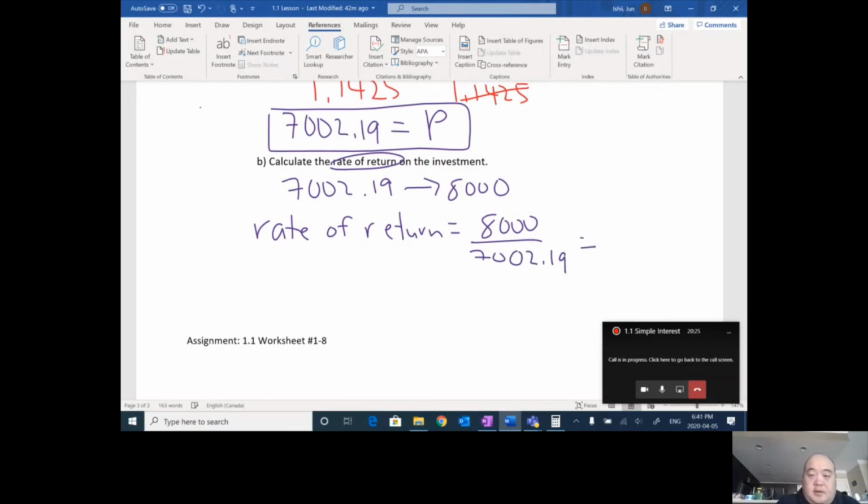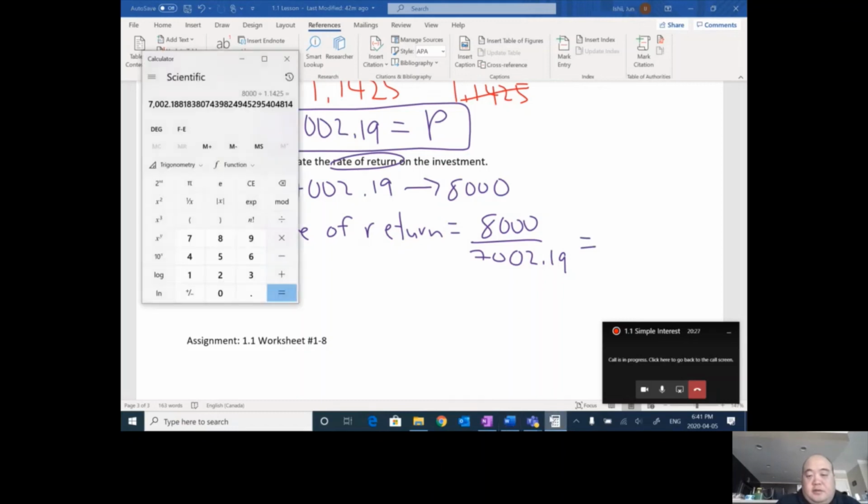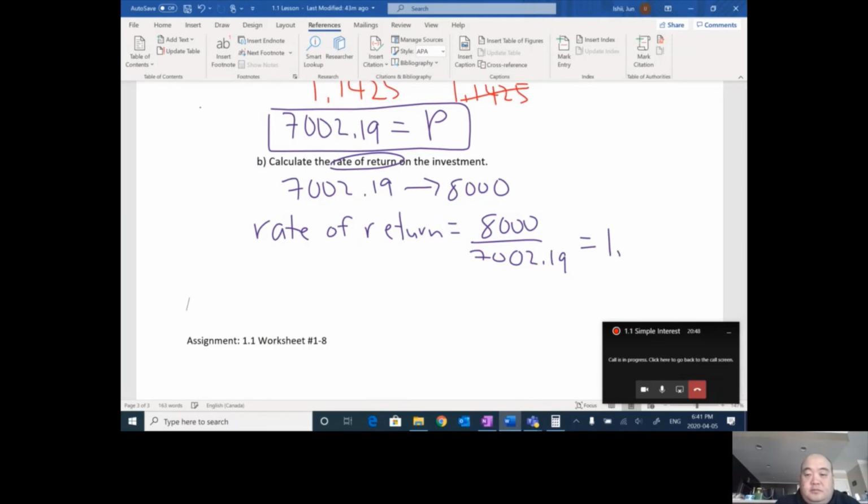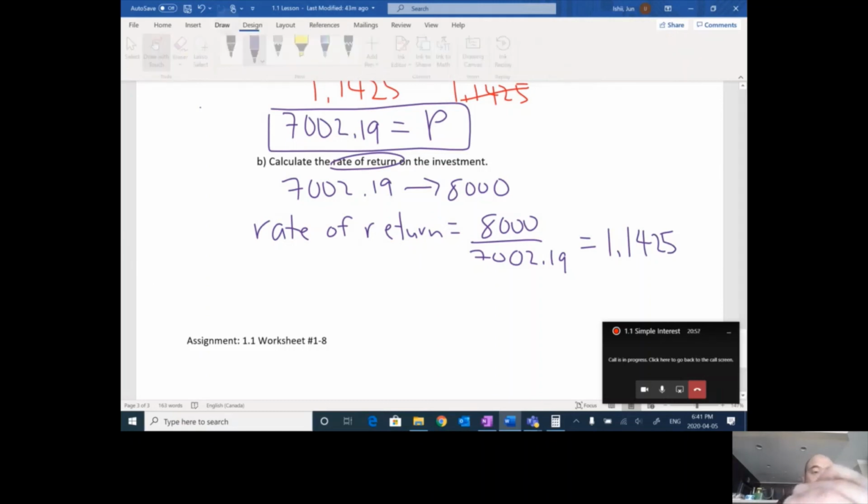Now when I plug that into the calculator, 8,000 divided by $7,002.19, I got 1.14. I'm just going to round it to 1.1425. I'm going to do my best to explain this.